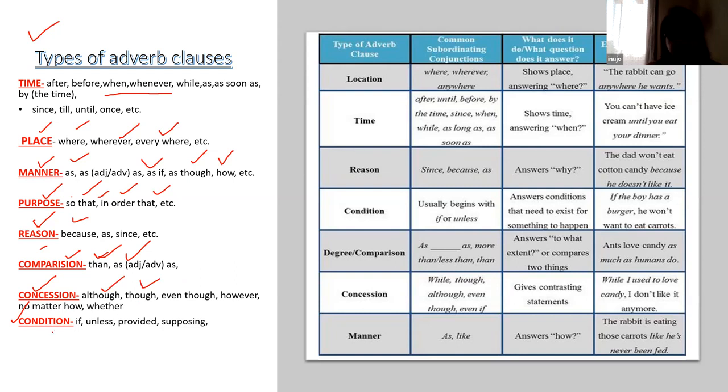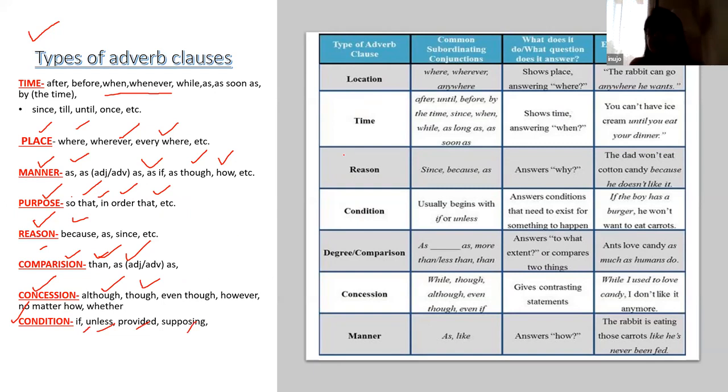Suppose it is adverb clause of condition. Condition means if one thing does not happen, the other will not happen. Okay, when there is a condition, then you have these words that you can use to join: if, unless, provided, and supposing.